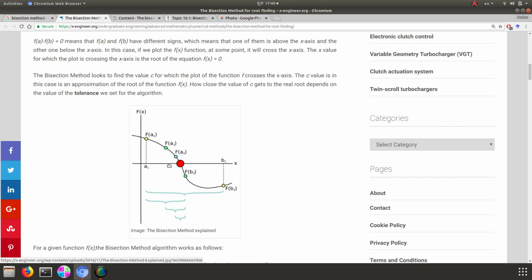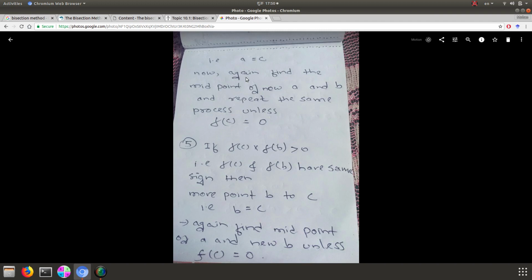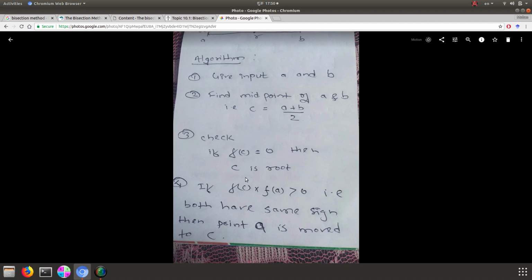Now we have a new a, that is the point c, and the old b. Again we find the midpoint of a and b, and we check whether f of c equals 0 or not. If f of c is not equal to 0, we repeat the same process until we get f of c equals 0, and c would be the root of the equation. So this is the case when f of c and f of a both have the same sign.